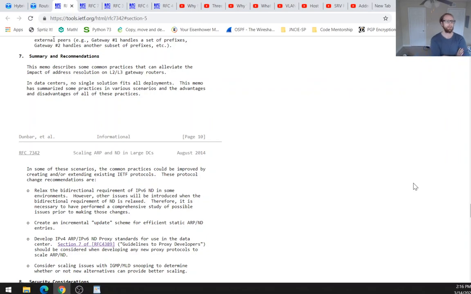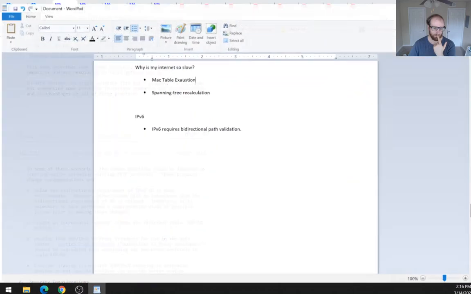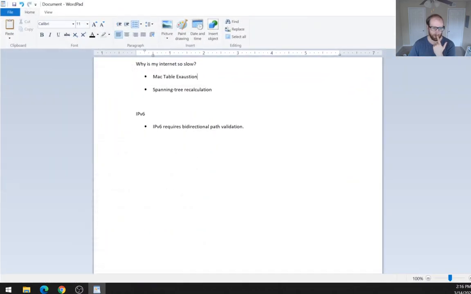Summary and recommendations. This memo describes some common practices that can alleviate the impact of address resolution on L2/L3 gateway routers. So let's think about what those were. One of them was gratuitous ARPs.